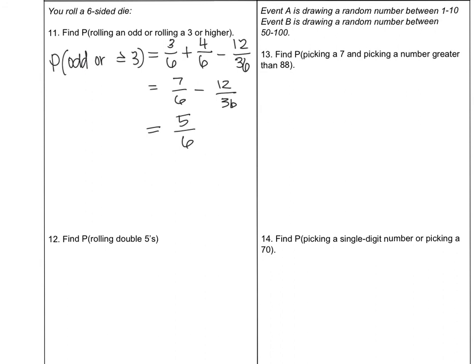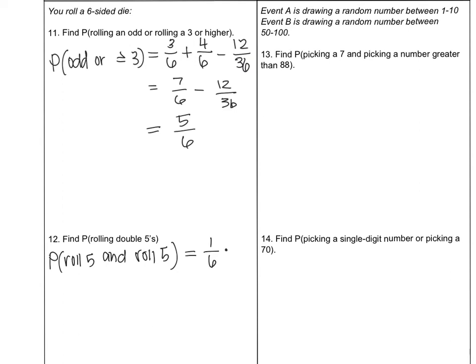For number 12, we want to find the probability of rolling double 5s. So that's the same thing as the probability of rolling a 5 and rolling a 5. So this is probability of 5 and 5. So we want to multiply the probabilities together. So the probability of rolling 5 on my first roll is 1 out of 6 because there's only one number out of the 6.